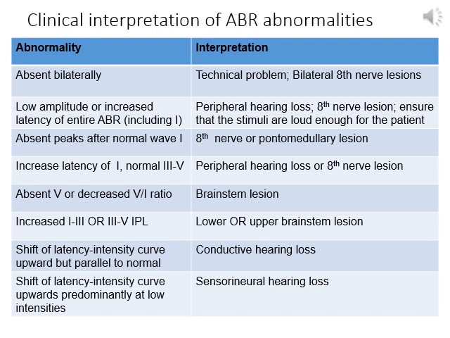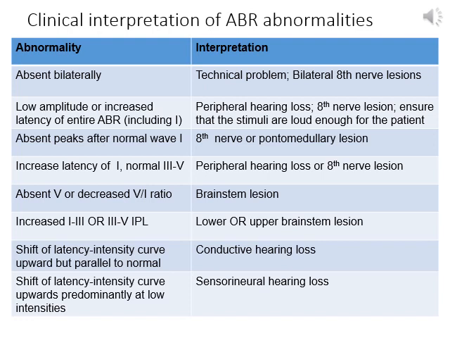If the BAEP is of low amplitude, or if all of the waveforms within the BAEP have increased latency, and this includes waveform 1, then that would suggest some sort of peripheral hearing loss or an eighth nerve lesion. It's very important to ensure that the stimuli are loud enough for the patient, as the BAEP would be of lower amplitude if the stimuli are too quiet.